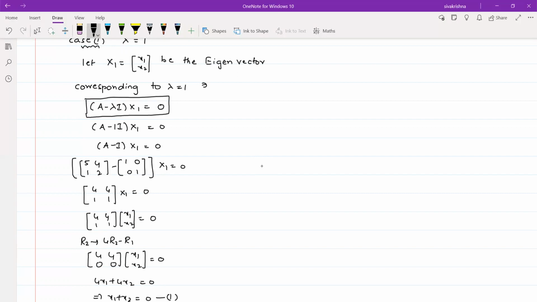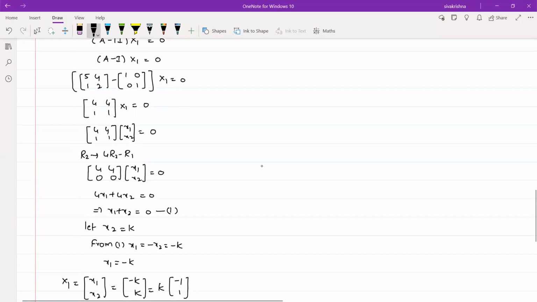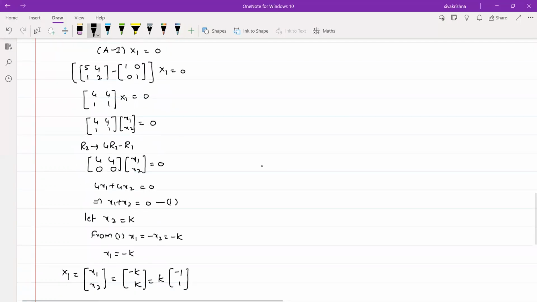After converting into echelon form, we multiply, and then we get an equation. Since the number of variables is 2 and we have only one equation, we have to suppose one variable. With that supposition, we can find the other variable, so that we get the first eigenvector. This is the way you have to find an eigenvector. So this is case 1.